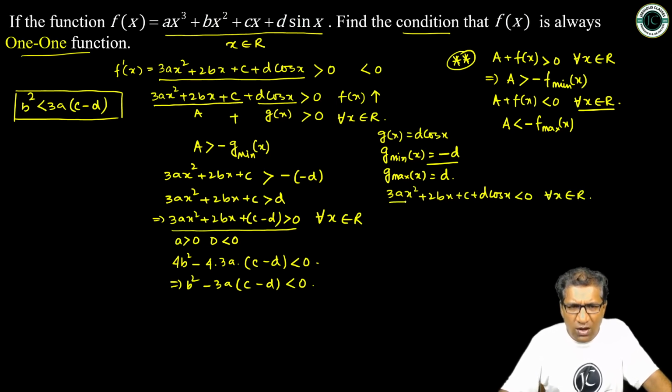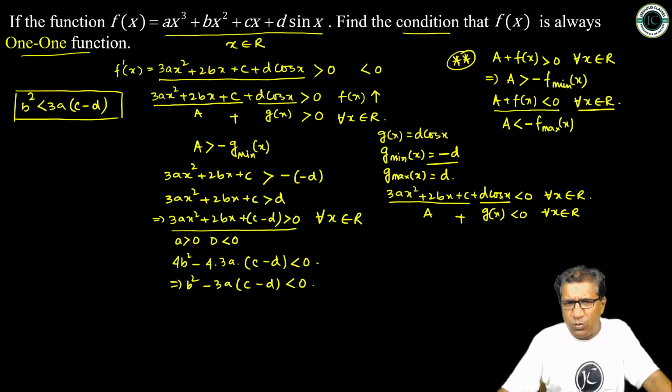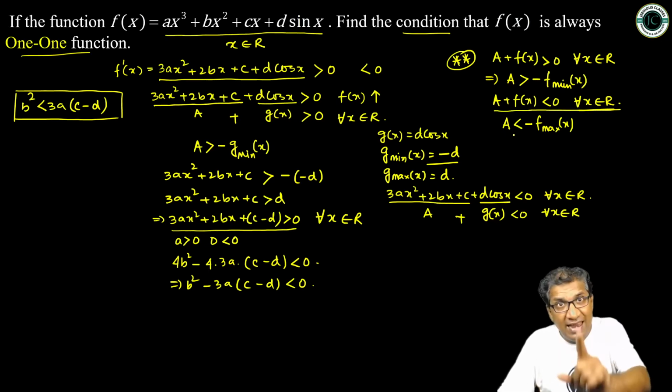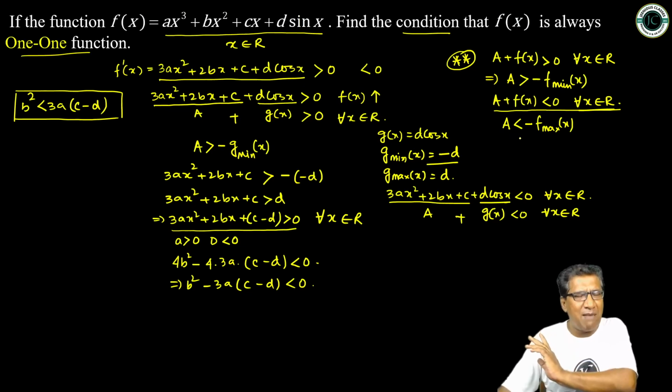In this case also, if we consider this as a and this is our gx, so our a plus gx is less than 0 for all x belongs to real value. Now we all know that a plus fx when less than 0 for all x belongs to real value, your a is less than minus of f max x.